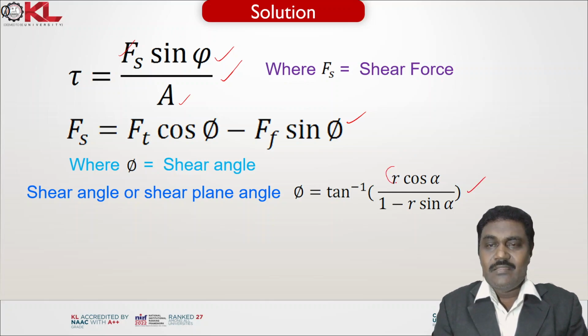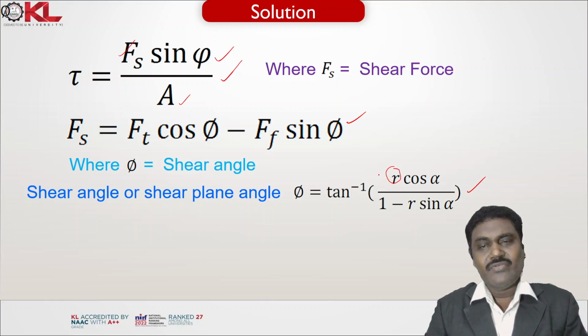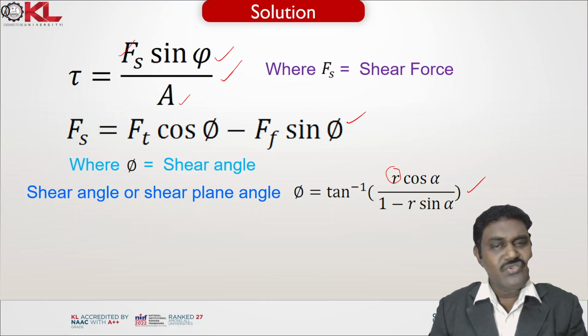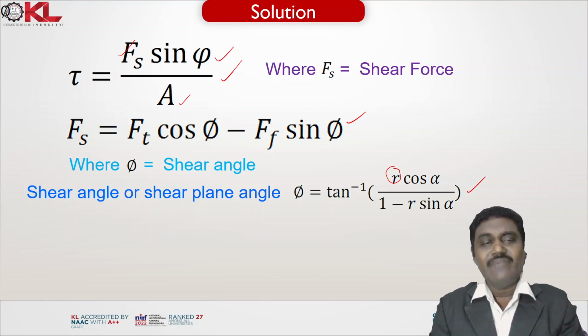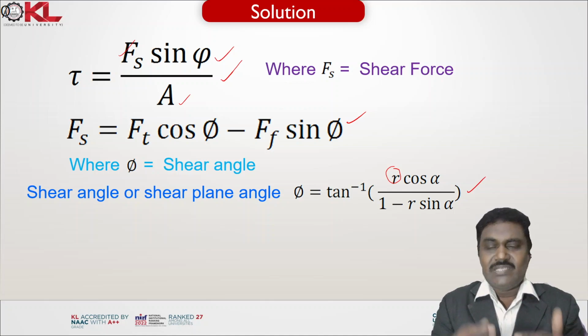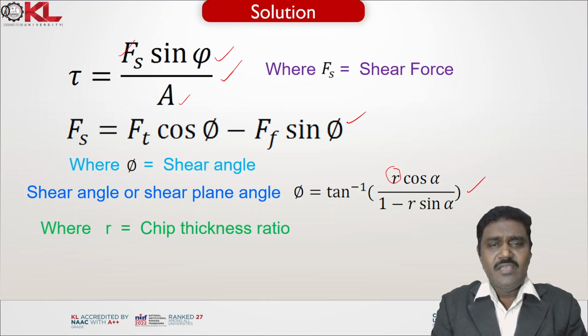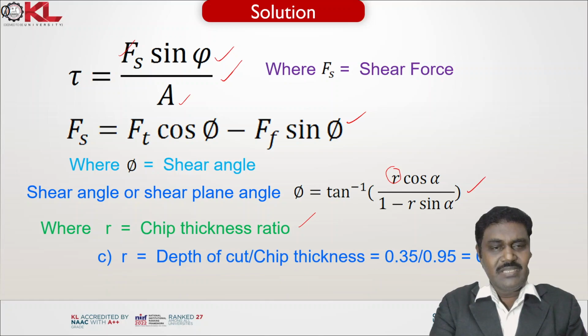Again here this r term is unknown. What is the r term? That is the chip thickness ratio, which is also not given. So before finding the shear plane angle, first find the chip thickness ratio. r is equal to depth of cut divided by chip thickness.